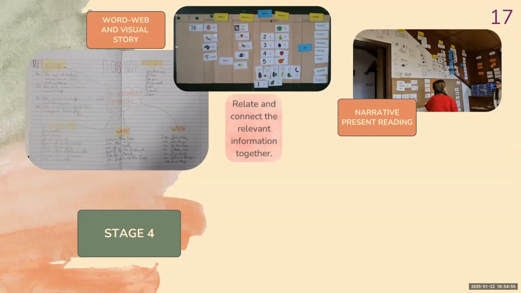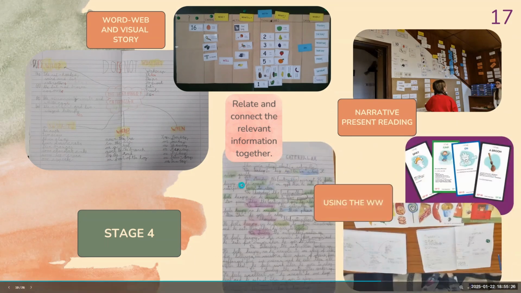So after telling the story orally, children then write the story in their notebooks. We do the same story analysis with the written text. So this is the same Very Hungry Caterpillar in the Word Web and in the Visual Story. So we do simultaneously what we do on the paper and the notebook, we also then do on the wall.